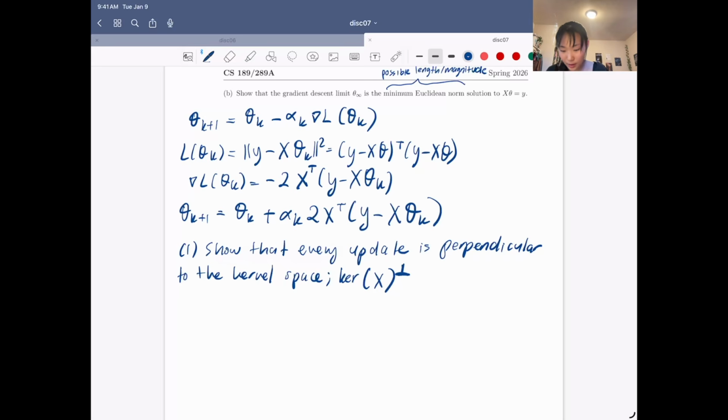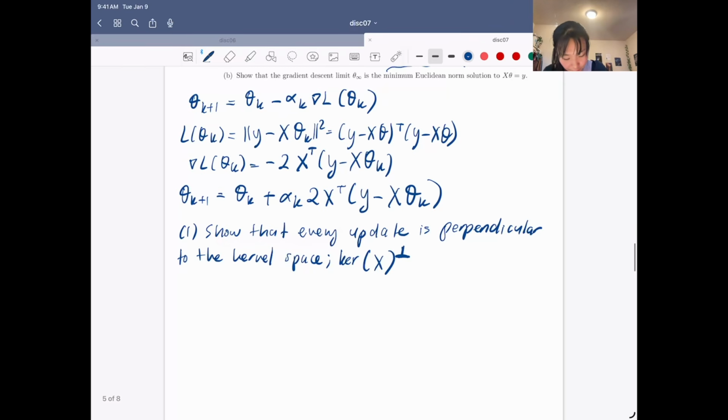And I guess what's interesting about showing this is that it shows that the gradient descent limit falls into the perpendicular space of the kernel space. And so let me just write that for note.